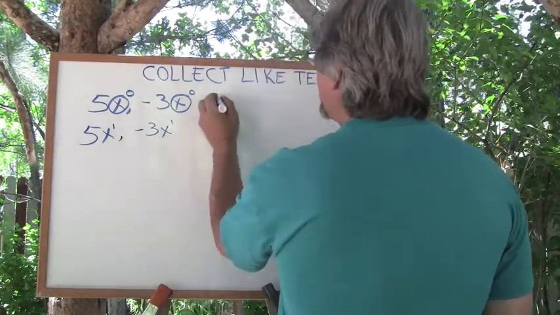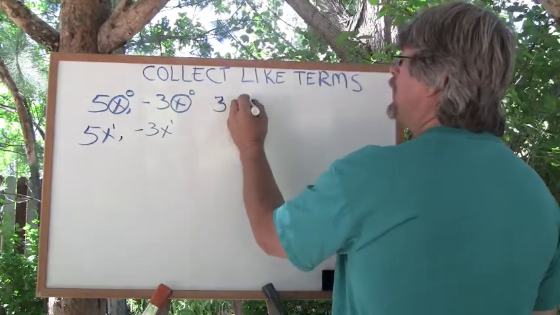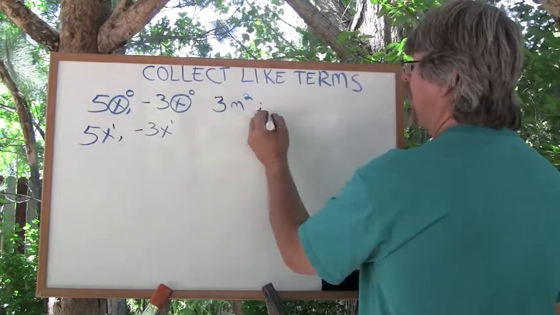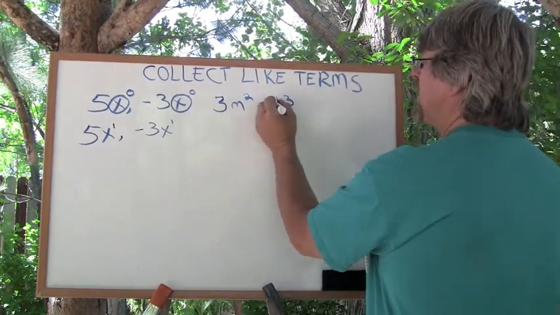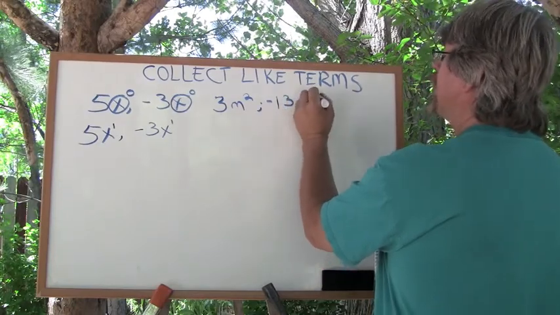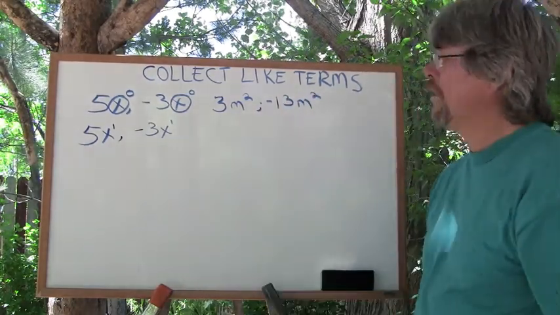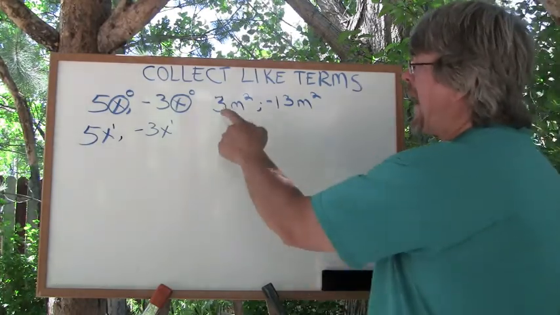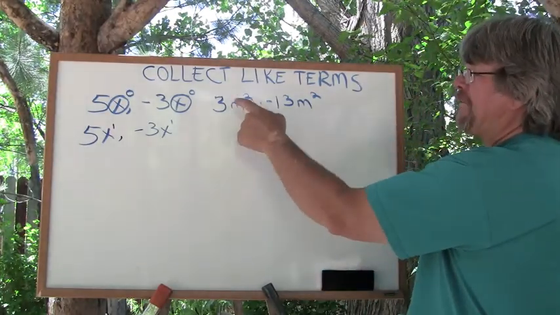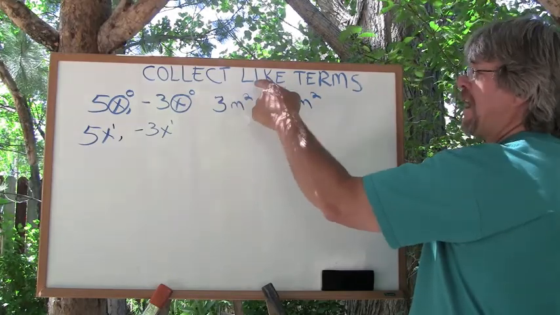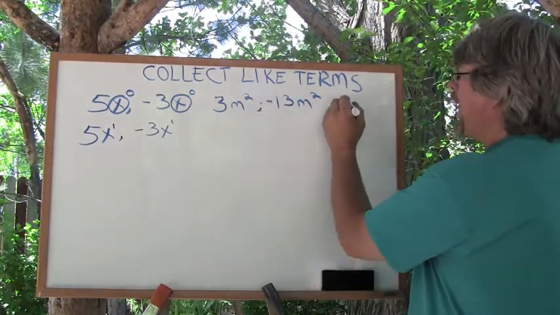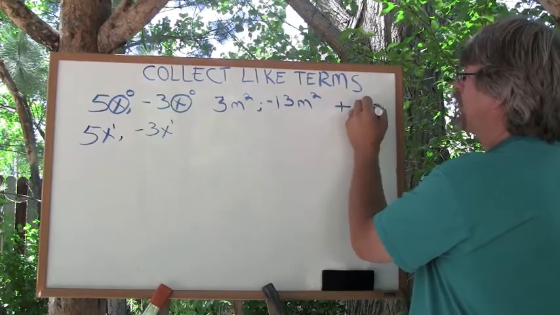So we have 3m squared, such a lovely number. And we have negative 13m squared. Those are like terms. With like terms, we need to have the variables and the powers to the exact same so that we can add and subtract.